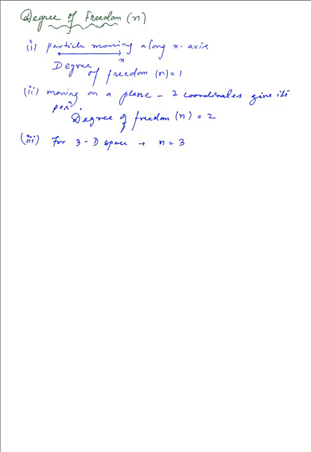Now, in case we have a diatomic molecule, which has a fixed spacing between the atoms, we might say we need 6 variables to give their positions, but there is one constraint present, which is the connection between them.